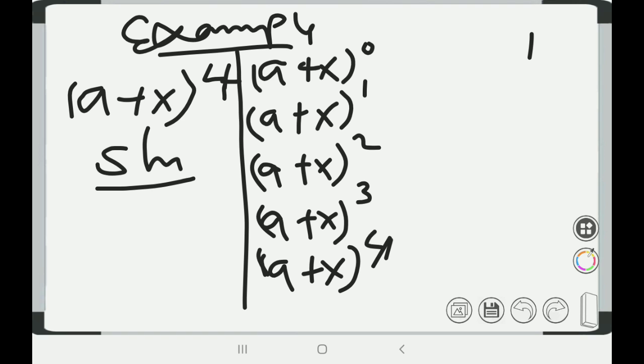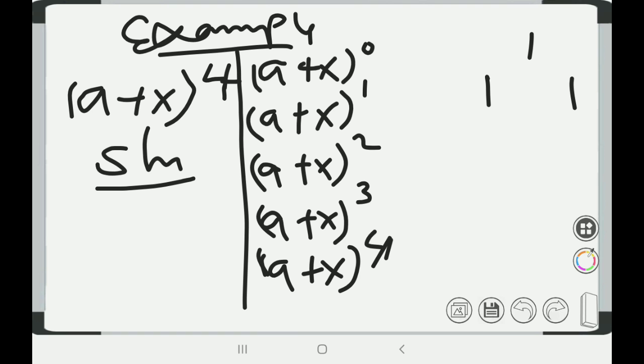So we have 1 and 1, the first coefficient and the last coefficient.